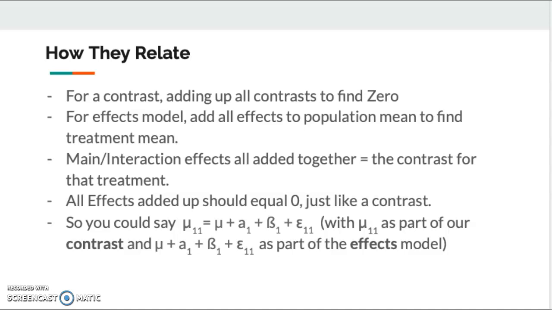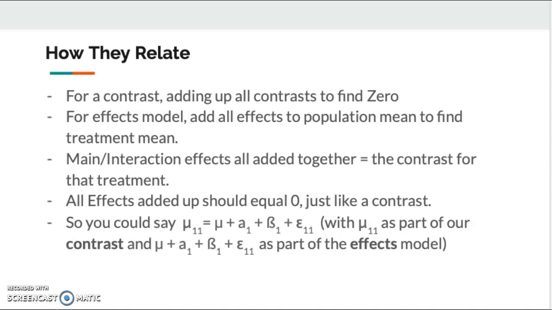But for an effects model, it's not one big formula like the contrast is. You have to add all your effects to the population mean. Like you add your effects into a certain population mean, and that gives you a treatment mean. And so basically, this treatment mean is basically the contrast for that treatment.